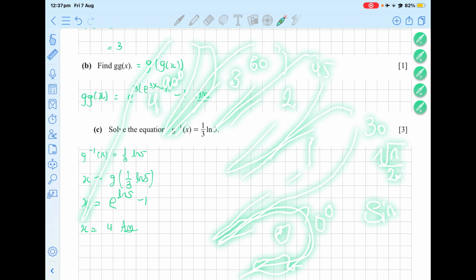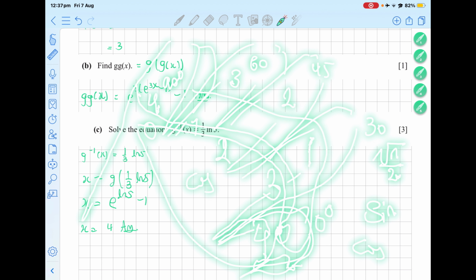So it works that way. If you're dealing with cos, then it works the other way. So 0, 1, 2, 3, and then 4. These are the ones for cos. These are the ones for sine.